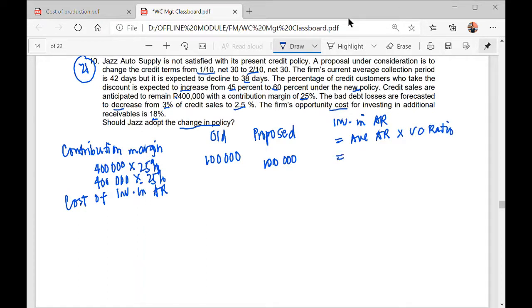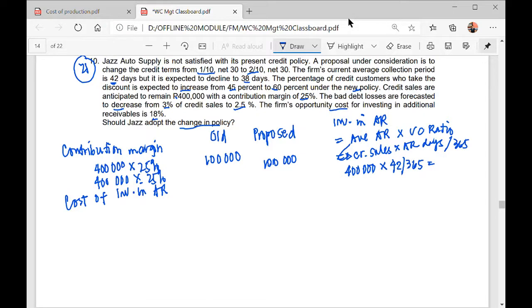So, to get the average AR, that's the credit sales times the AR days divided by the number of days. We will use 365. So, what are the credit sales? The credit sales are still 400,000, times the days in the old. The old is 45, times 45. Is that right? Oh, not 45. What was it? 42, sorry. 42 over 365.